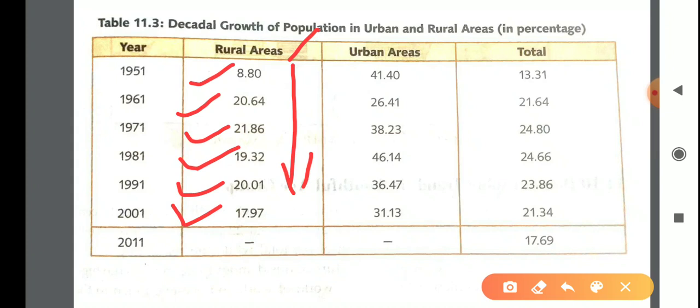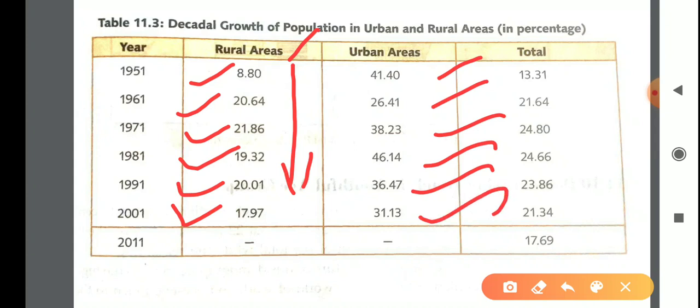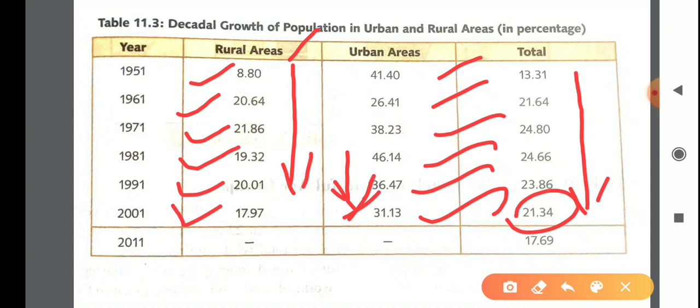While in urban areas it is 41%, 26%. Year-wise, 1951 has 41%. Then 26%, 38%, 46%, and now it is at decline as compared to the previous data. Then the total at present is 21.34%.